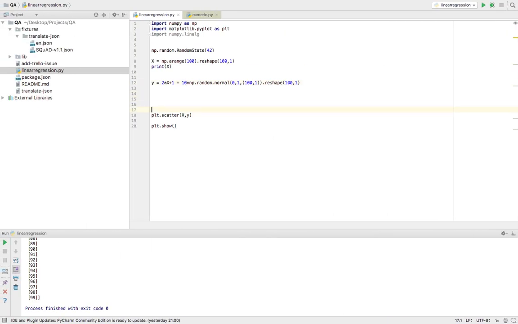Let's say we have a dataset like that, and I'm saying print the first value of y.